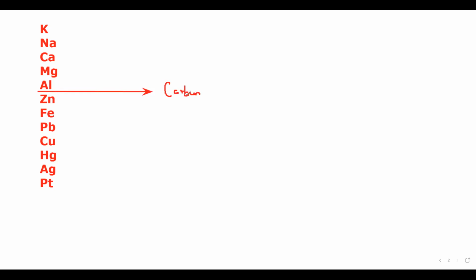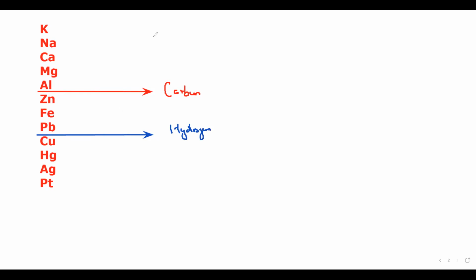So carbon is more reactive than any of the elements which are below this line. And same thing, you should know the position of hydrogen. So hydrogen is there between lead and copper. And hydrogen also is more reactive than elements which are below.